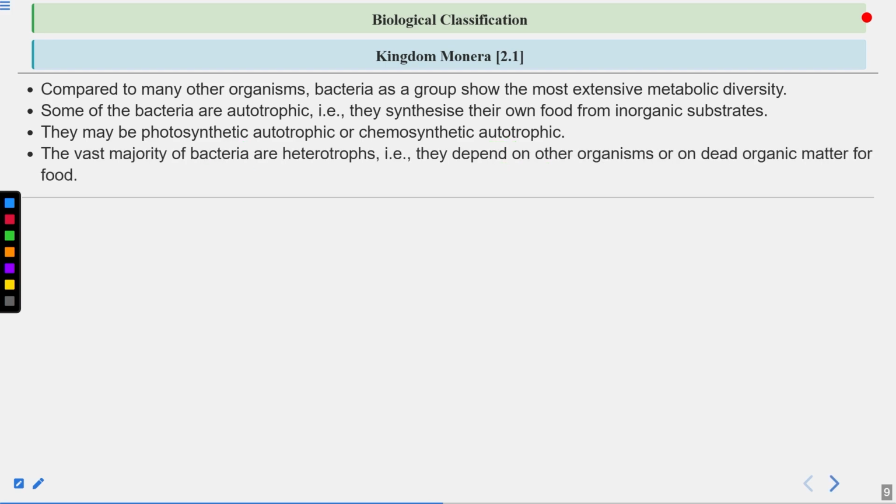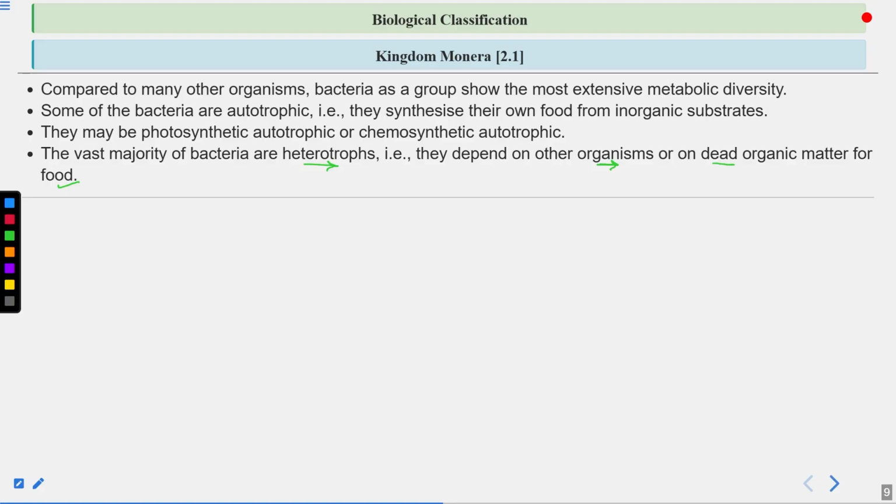Now, the majority of the bacteria are heterotrophs. What are heterotrophs? They obtain nutrients from other organisms, or are dependent on other organisms for nutrition. They depend on other organisms or on dead organic matter for food. Within heterotrophs, there are two categories. First one is parasitic. Second one is saprophytic.